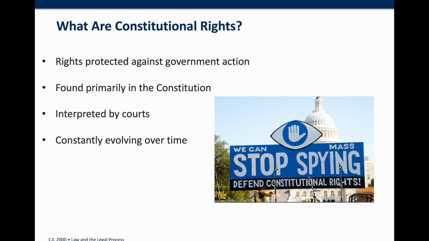To begin, we need to define just what our constitutional rights are. Constitutional rights are protections that limit governmental power. That's extremely important to understand. The Constitution generally does not regulate private behavior directly. Instead, it's primarily limiting what government actors may and may not do. For example, the government can't censor speech in violation of the First Amendment.